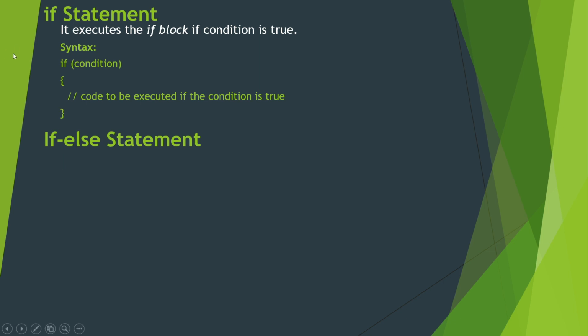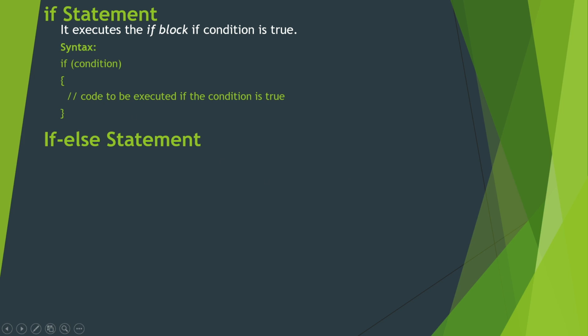This is the if body, from the open brace to the close curly brace, and it contains a number of statements. That will get executed if this condition evaluates true, otherwise it will not go here.